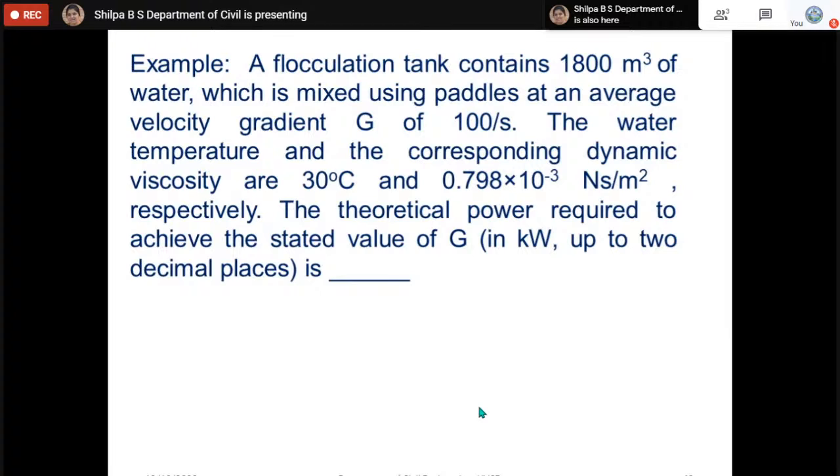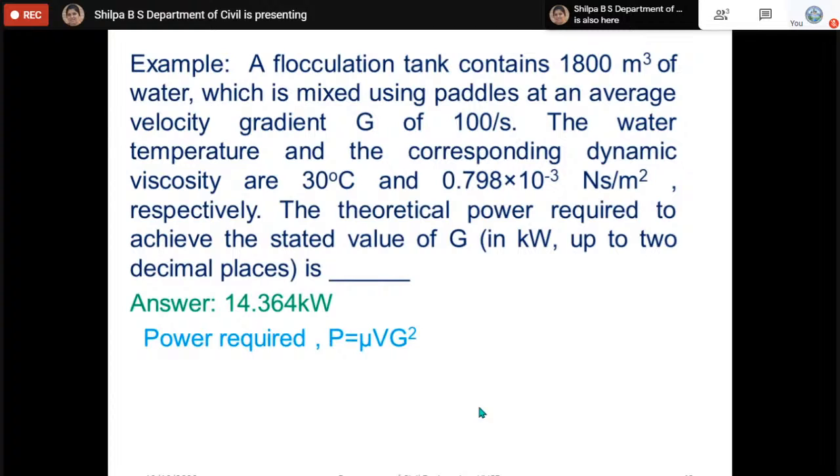We need to calculate the theoretical power required. According to the calculation, we will get the value as 14.364. These are the problems which will be asked for about 2 marks. The power required we can calculate using the relation P equals mu into V into G square.